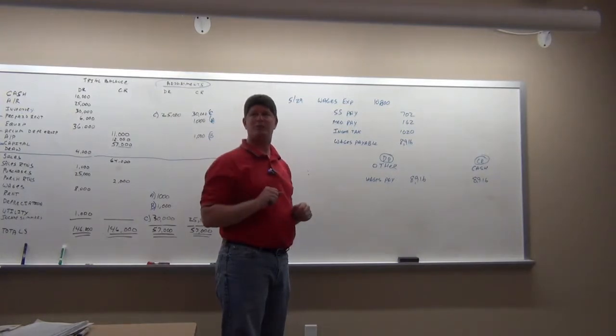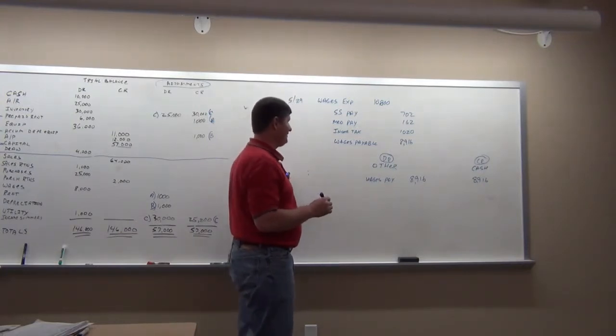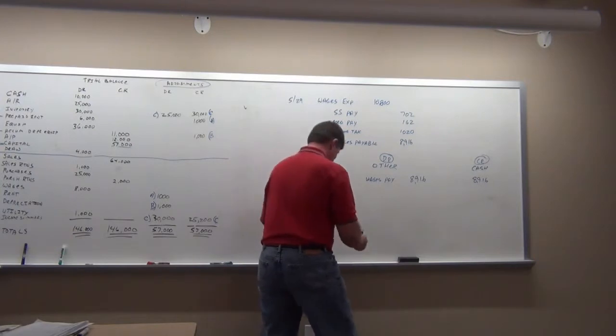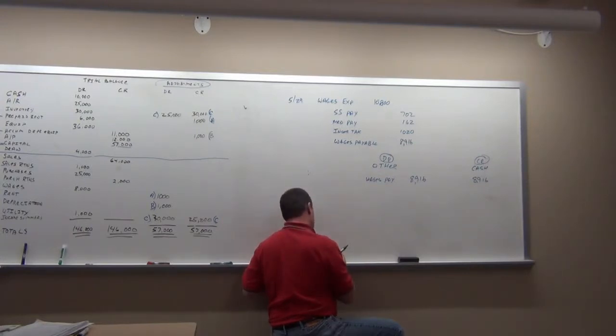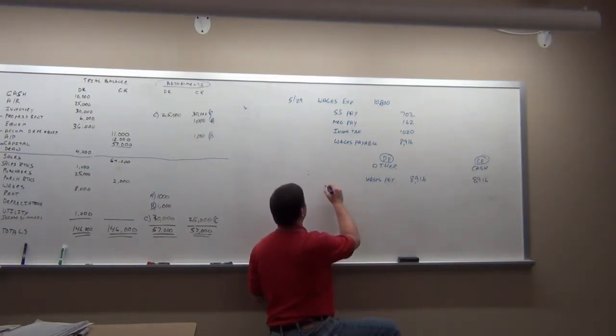Does it tell us what the employer's payroll taxes are? Yeah. Walk me through it. Okay, Social Security payable, right? Yes. So what's my debit going to be? Payroll tax expense.